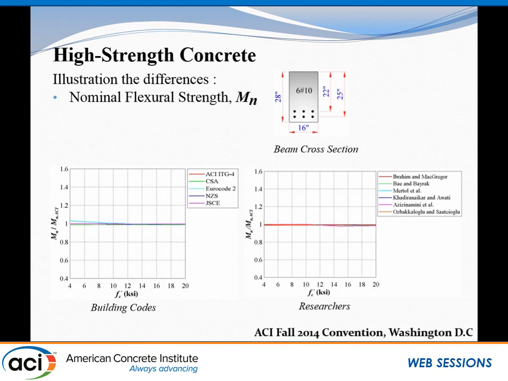For the beam cross-section and reinforcement layout shown on the upper right, this is the analytical result of the flexural strength. The vertical axis represents the nominal moment capacity determined from each stress block model divided by the nominal moment capacity determined according to the ACI code. As indicated by several previous researchers, the flexural strength of an RC member without axial load is insensitive to the stress block models.